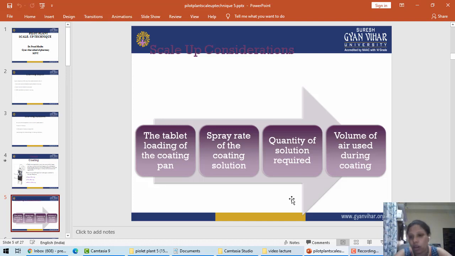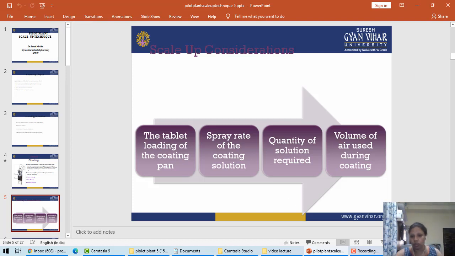Now next is the volume of air used during the coating. We also require air for the drying of the coating solution.